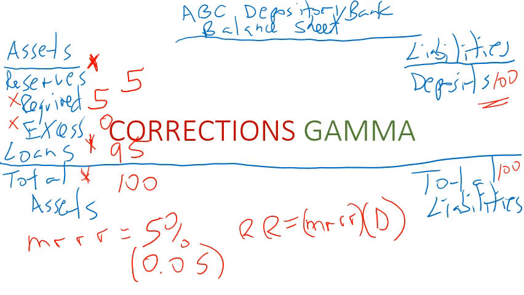So once again, on the asset side, loans 95 plus total reserves of 5 is equal to total assets of 100, and that squares out with total liabilities on the liability side. Okay, so I think that's all you need to know to deal with question 1 of the Gamma assignment.